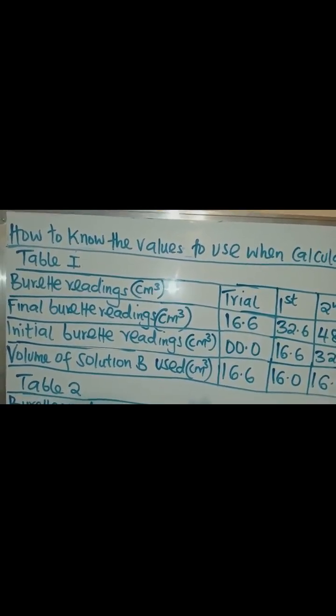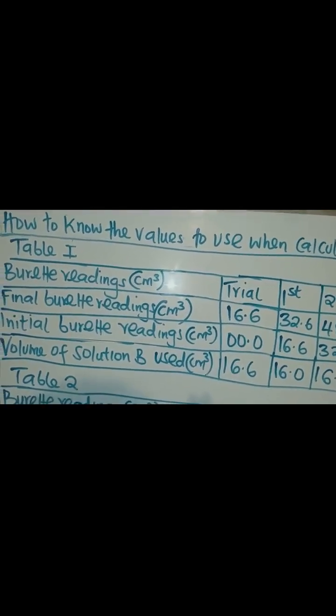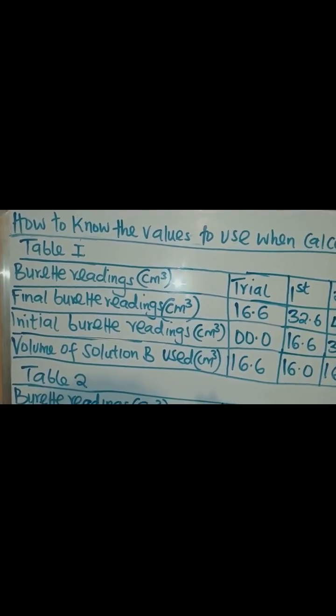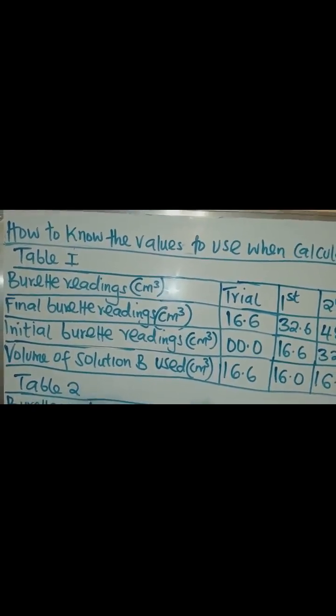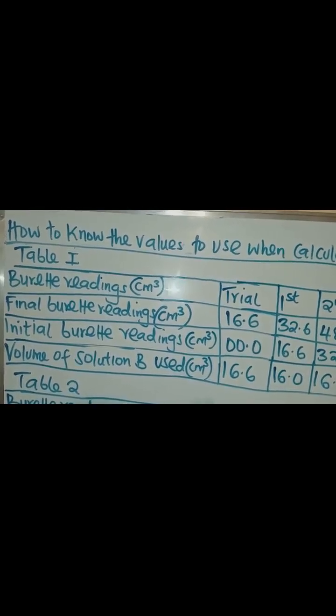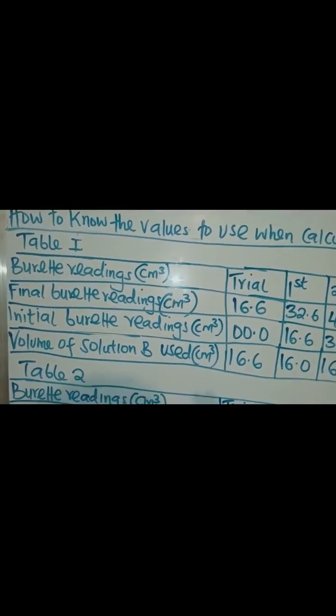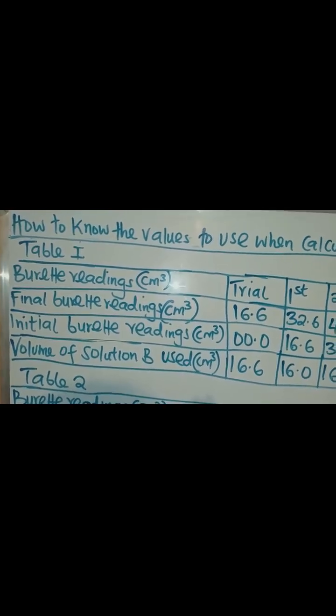So we are looking at those areas where marks are got from, the areas that are tested, especially when you have tables to fill during titration. So just a recap of what we did in the previous video.